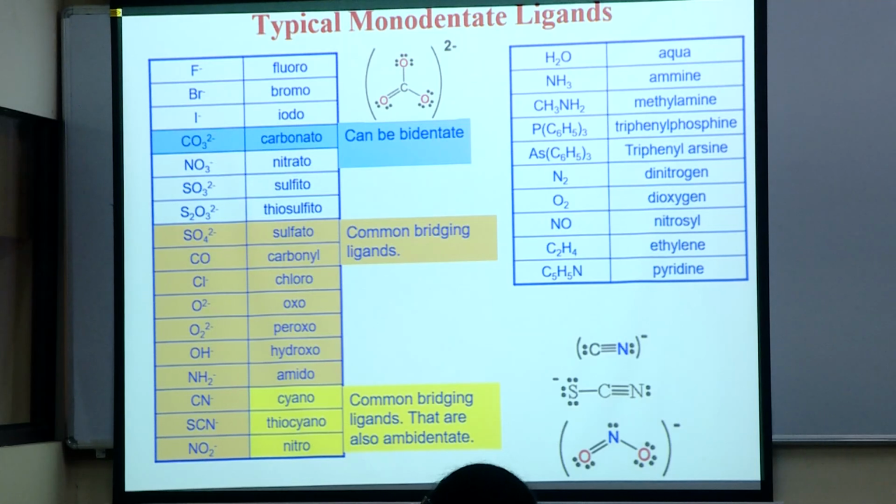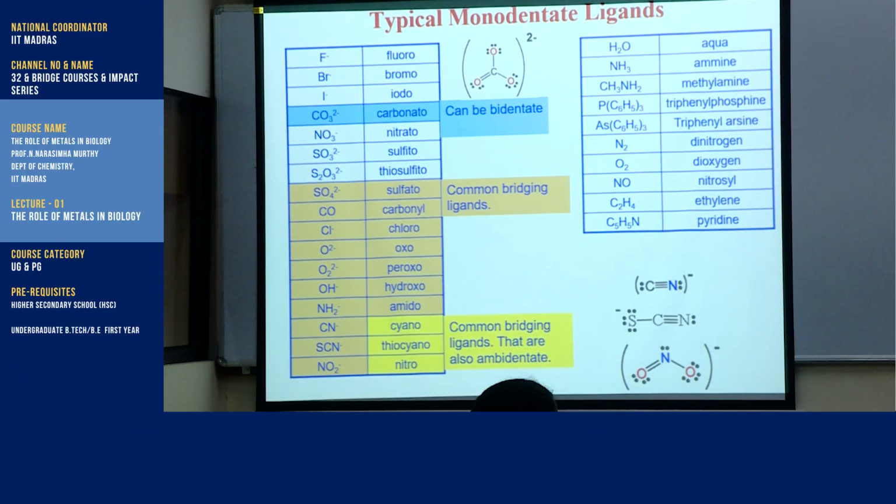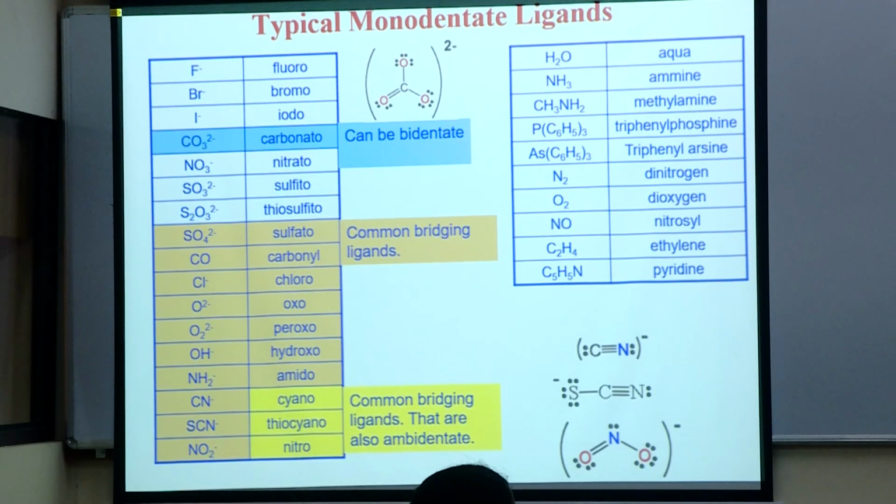So you need to put ammonia. With 3 ammonia, if you react that with chloroacetic acid, 3 of them will be replaced, and this is what is EDTA.